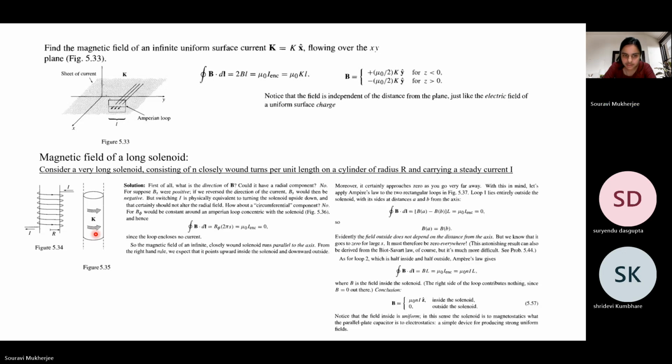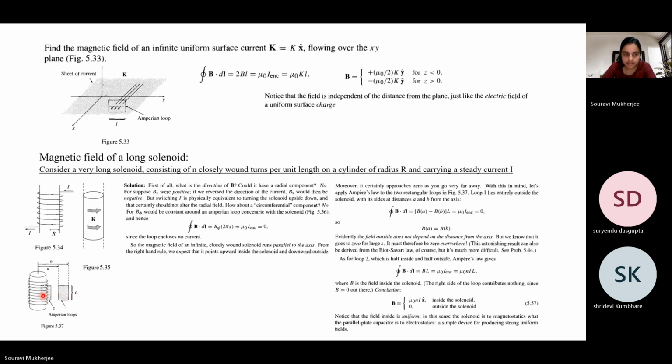So now what you can do is consider loops. In order to find the field somewhere outside, you can consider a loop like this. And as you can understand, it will enclose no net current. The magnetic flux lines will enter and leave, so there'll be no net flux, because of which there'll be no field outside.